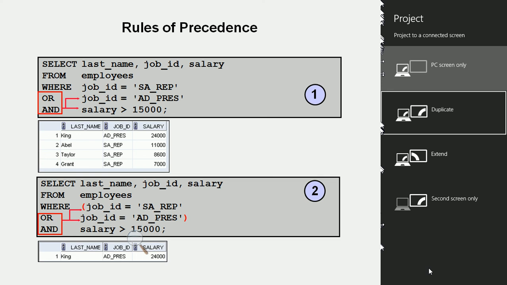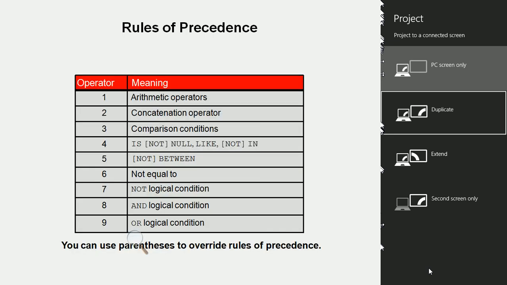So, rules for precedence, the precedence of logical operators. We discussed all of the operators, and this is the rule of precedence. It means the rule of which operator will be executed first. So if you have arithmetic operators in your query, those will be executed first.